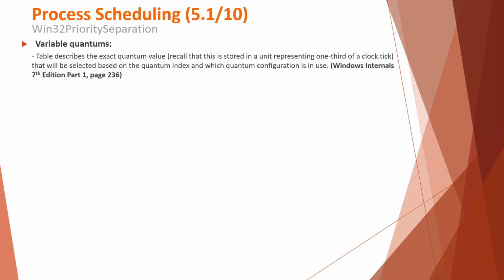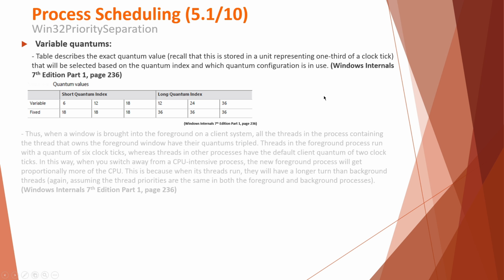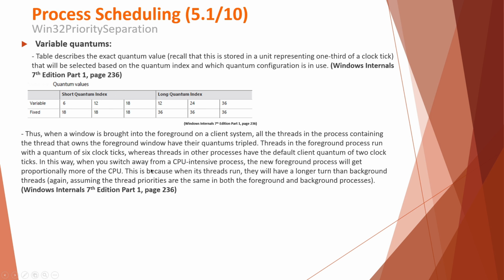The variable quantums table describes the exact quantum values. Let's see also the table. Recall that this is stored in a unit representing one third of a clock tick. So when we have a clock tick, this is one third of that tick. And here we have the table that will be selected based on the quantum index and which quantum configuration is in use. Thus, when a window is brought into the foreground on a client system, all the threads in the process containing the thread that owns the foreground window have their quantum tripled.